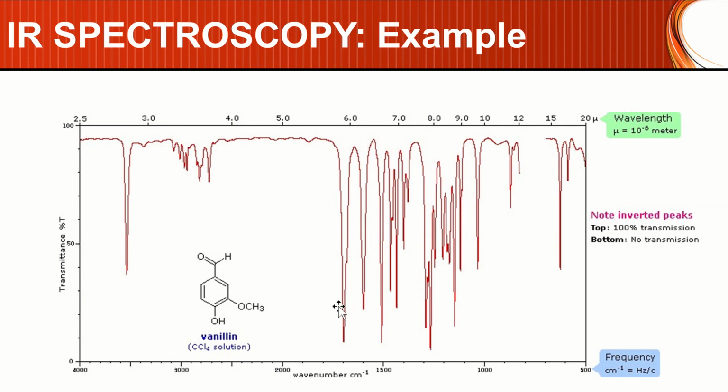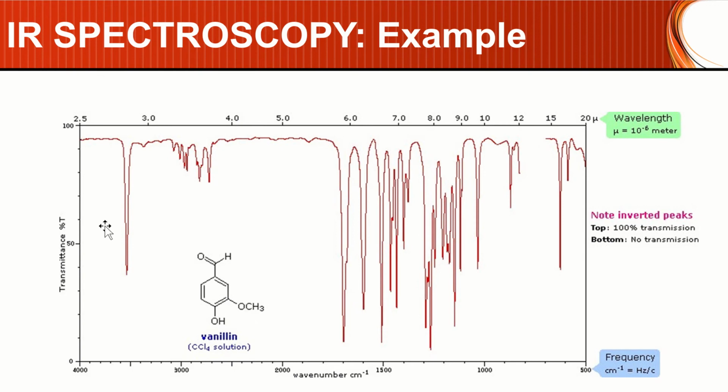We have peaks representing different functional groups. So we need to know our functional groups, and this is just a premature look at a spectrum because we haven't gone into all of the details yet. But we need to know our functional groups. So we have, for example, our carbonyl here, we have our aromatic group, we have our hydroxyl, and we have our methoxy, right?